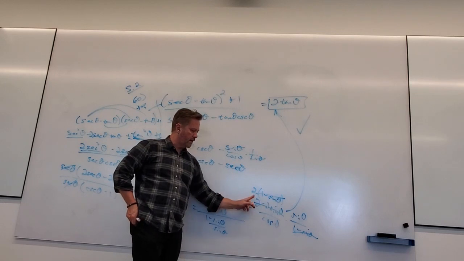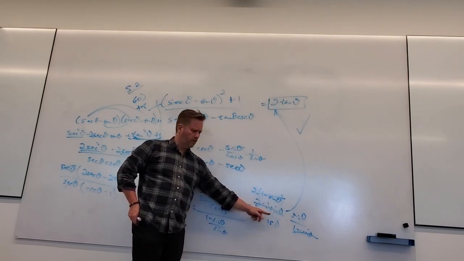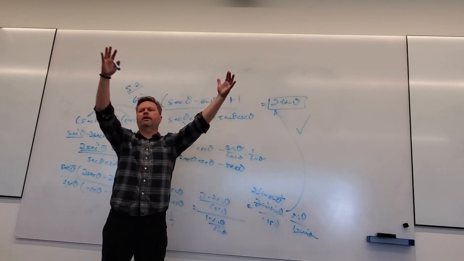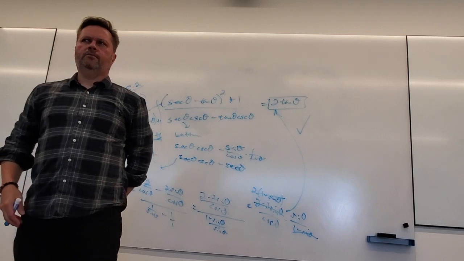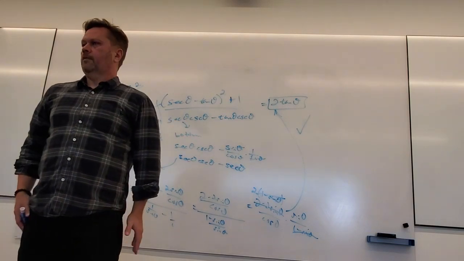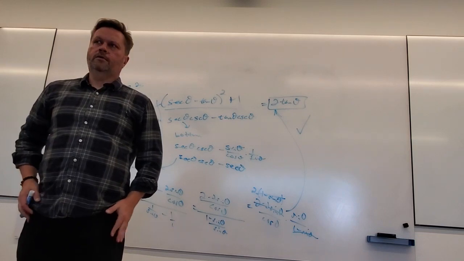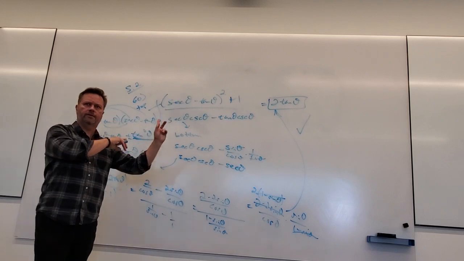So take a 2 out of the top, and I get 2 times 1 minus sine theta, is that right? Yeah. So I didn't have to rewrite the whole thing. The less I write, the better normally, because look at how well I write. Okay, yes. Anything else about this one?